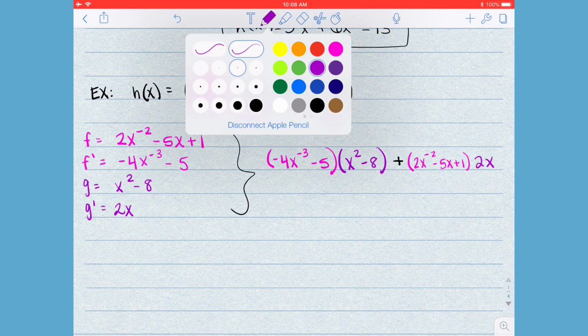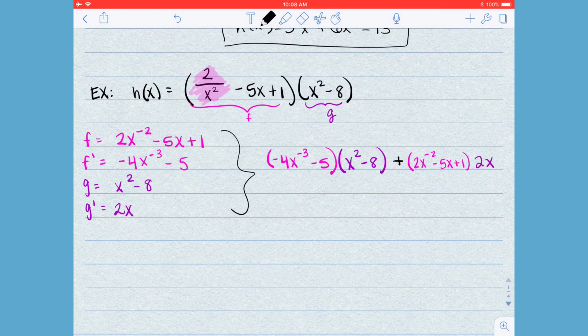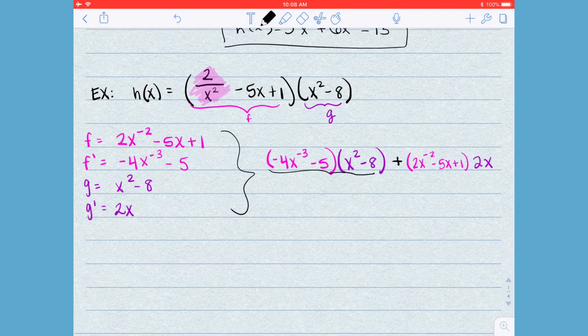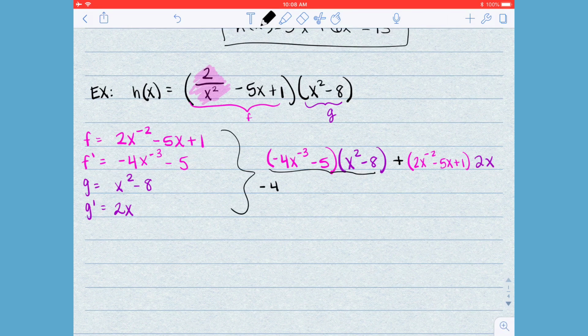And now I'm going to want to go ahead and simplify these. So if I FOIL these two terms, I end up with negative 4x to the negative 1 plus 32x to the negative 3 minus 5x squared plus 40.